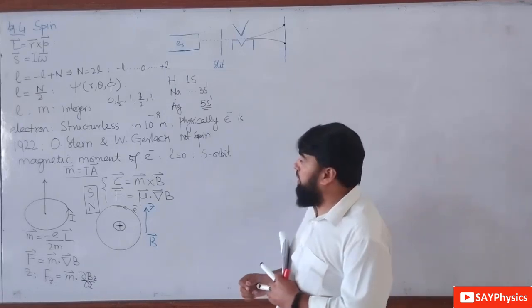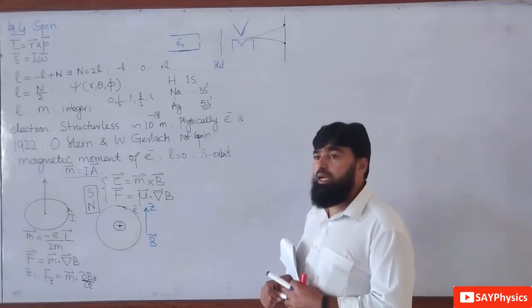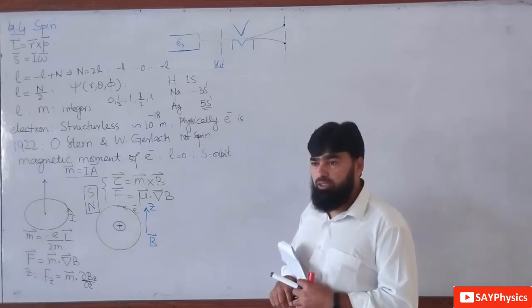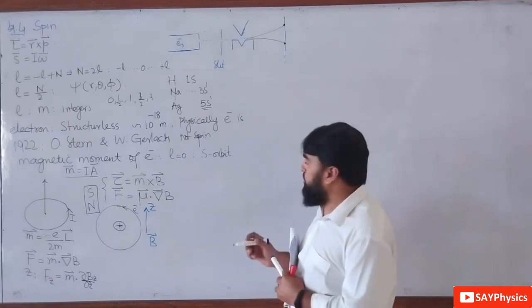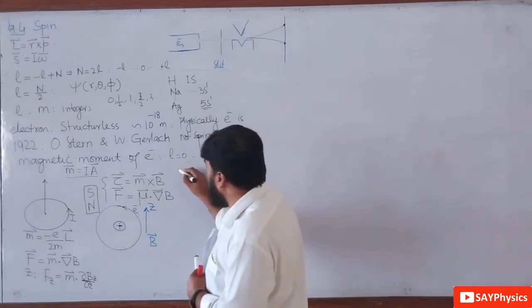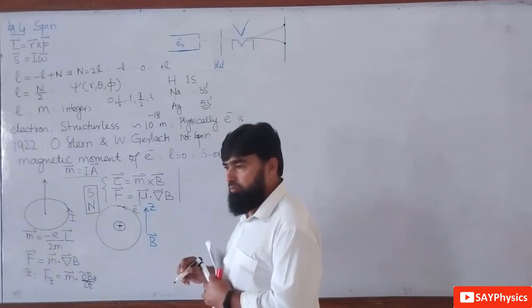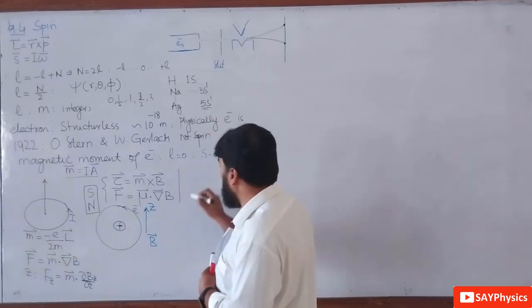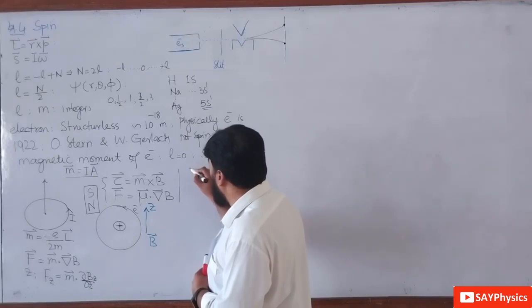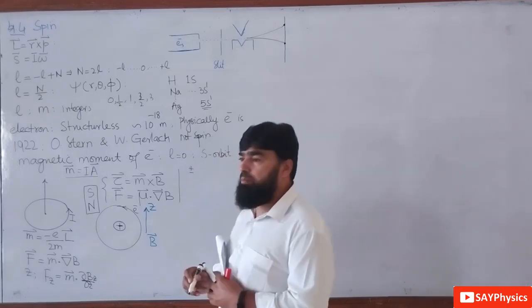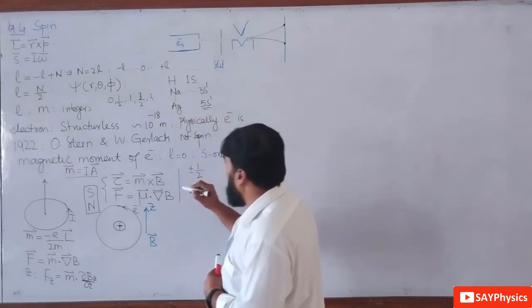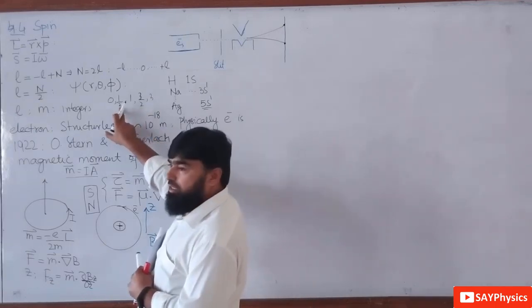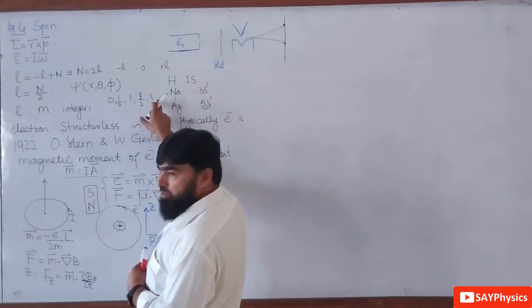If we give a property like a classical spin to this electron, then this electron will have 2 values of spin angular momentum. One will be plus and the other will be minus. So the very first value which is coming in is half here. This integer we know.